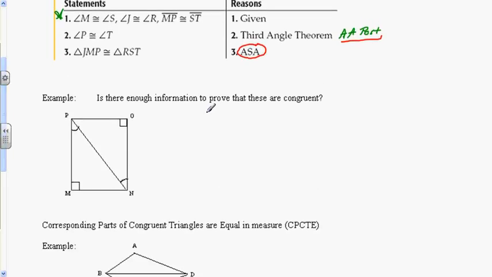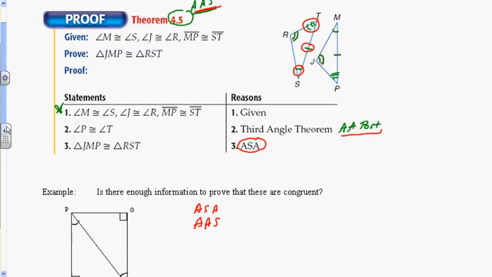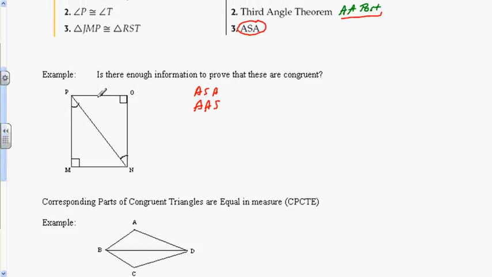Now look at this next question. Is there enough information to prove that these are congruent? Now you need angle side angle information, or you need angle angle side information. We have two triangles. That one, and that one.